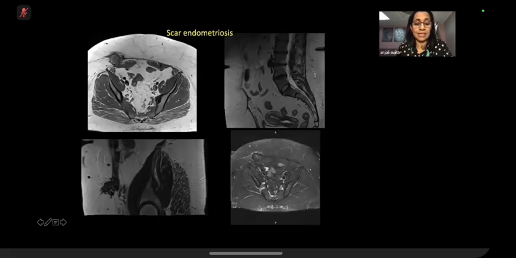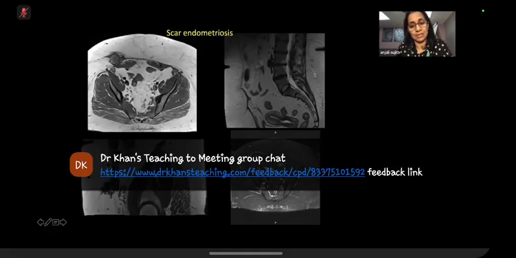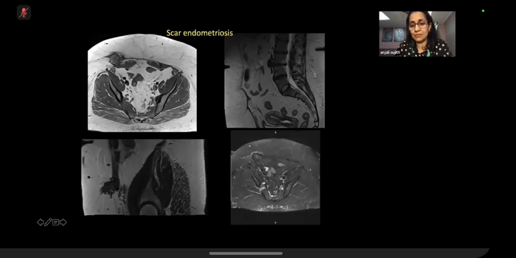It does show some tiny cystic structures and some spiculations. So this is in keeping with an endometrioma, scar endometriosis, and this is a tiny microhemorrhage. On this slice of the uterus, we can actually show the lower segment cesarean scar, which is a clue that this is a scar endometriosis.